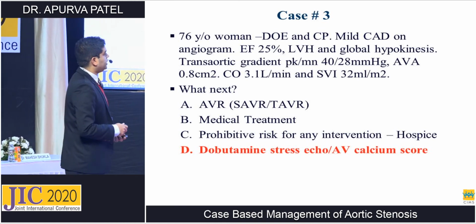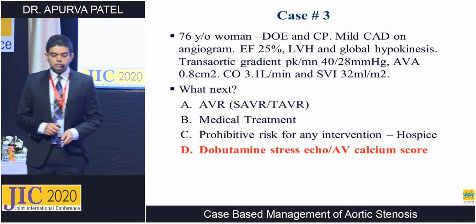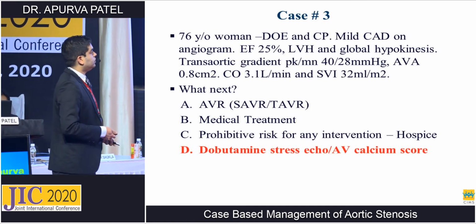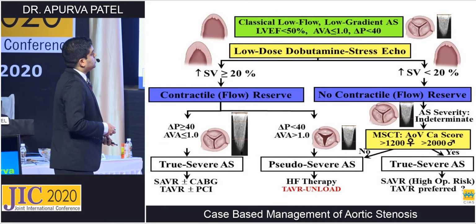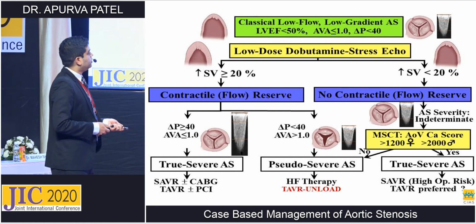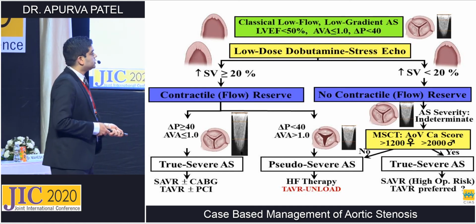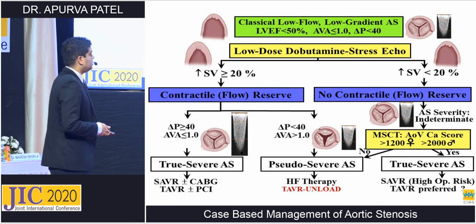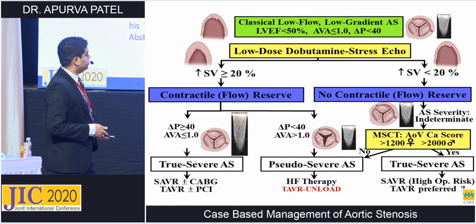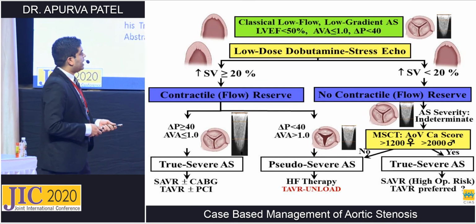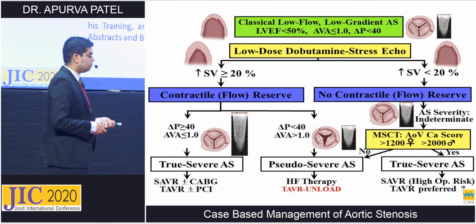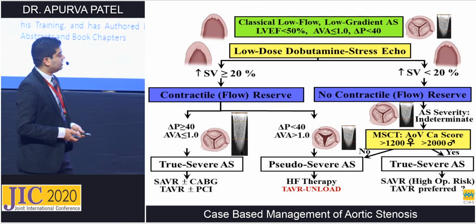The option here would be to do a dobutamine stress echo or an aortic valve calcium score to figure out how bad the aortic valve stenosis is. If you have an increase in the stroke volume, and with the increase in the stroke volume you see that your gradients get worse, and your aortic valve area is also less than 1, then that is true severe AS, and you proceed with AVR. And if your stroke volume increases, but your gradients do not get better, then that is pseudo-severe AS.